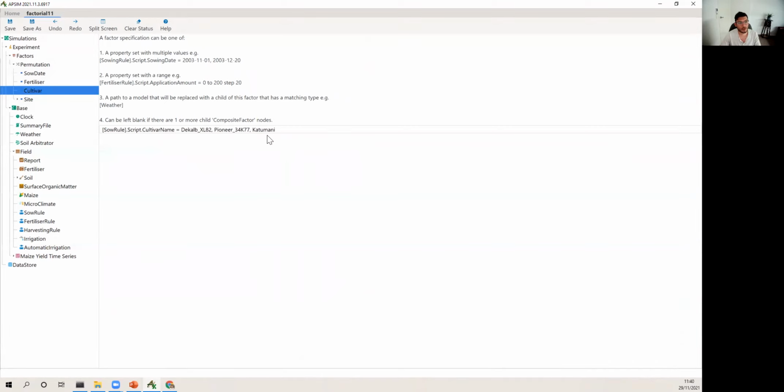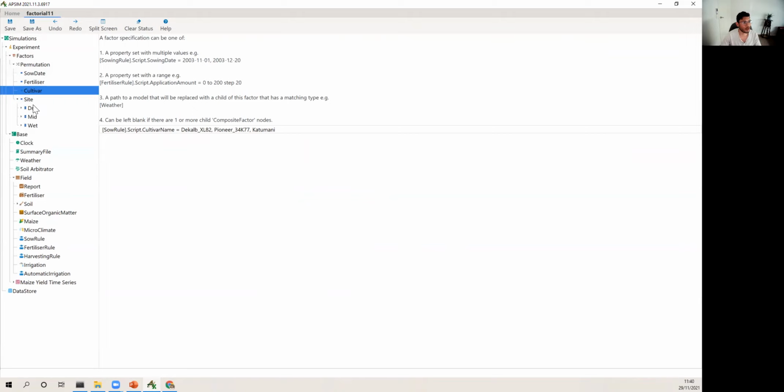And cultivar, 3 different maize cultivars. So in terms of sites, I took my own approach to create 3 different sites in terms of water dynamics, but you can create your own sites, or you can add different factors here. So basically this is just an example to demonstrate the approach.